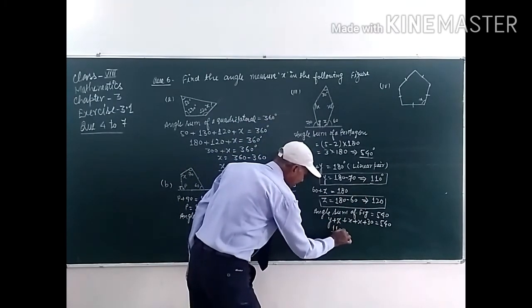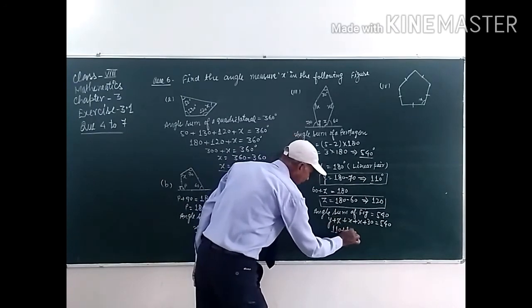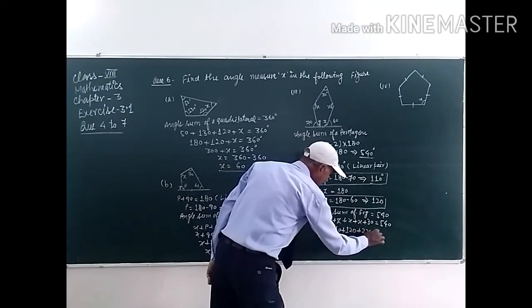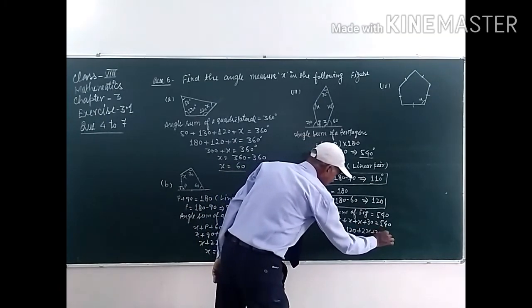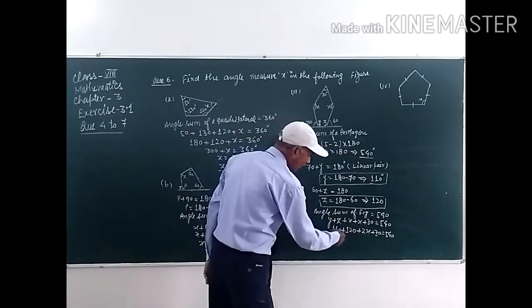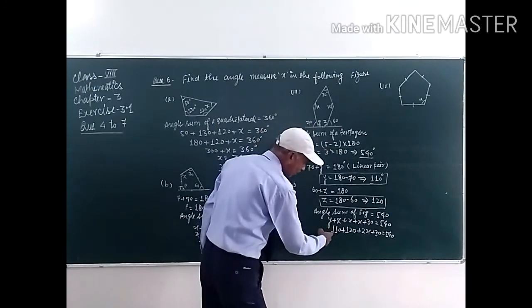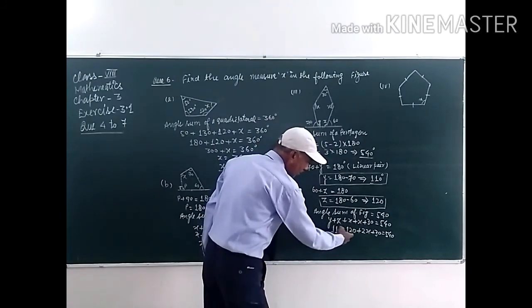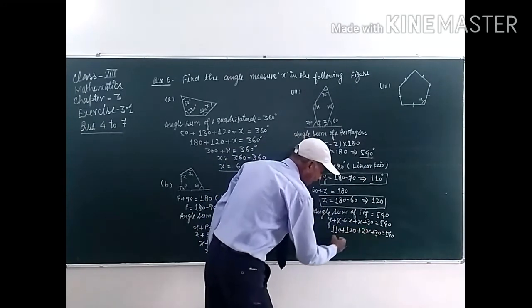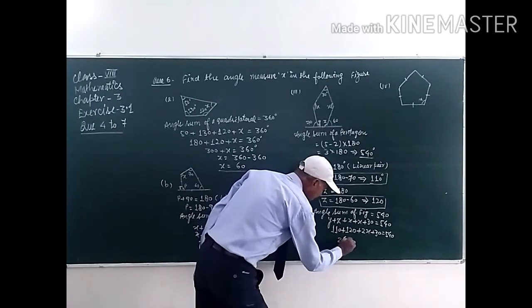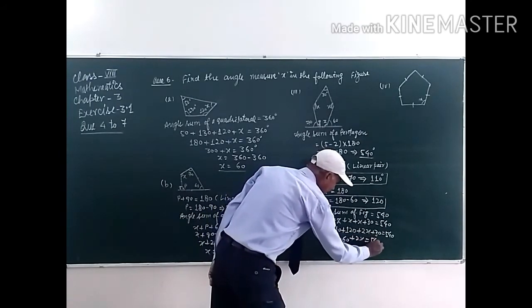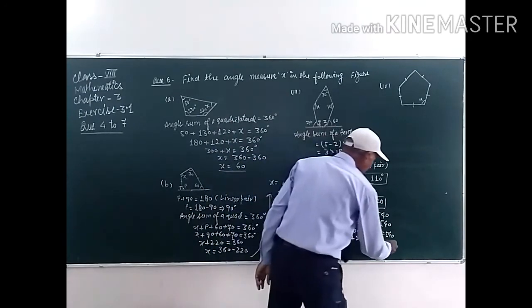So 110 plus 120 plus 2x plus 30 is equal to 540. Adding 110 and 120 gives 230, and 30 more, so 260 plus 2x is equal to 540.